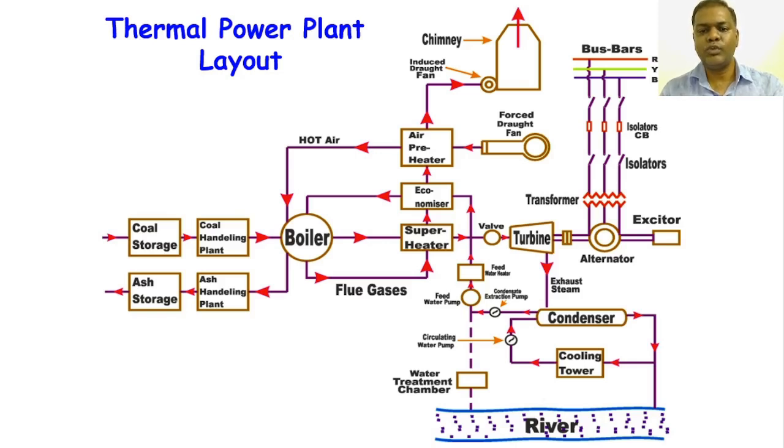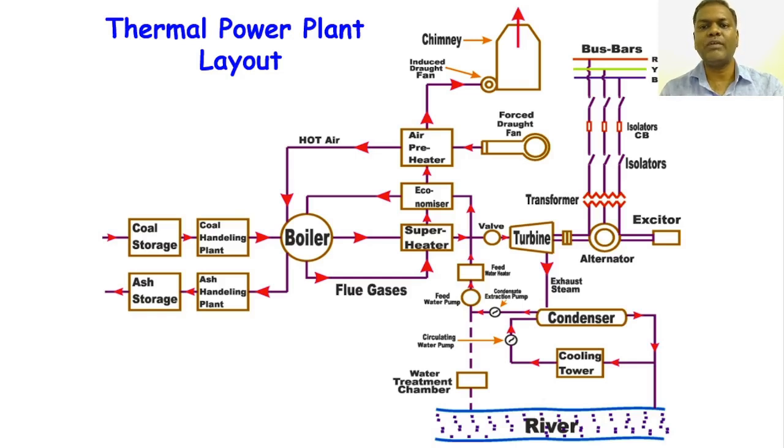From there, the flue gases go to the economizer. In the economizer, the exhaust gas heats the water coming to the boiler. Again the flue gas goes to the air preheater. In the air preheater, normally the forced draft fan is connected.